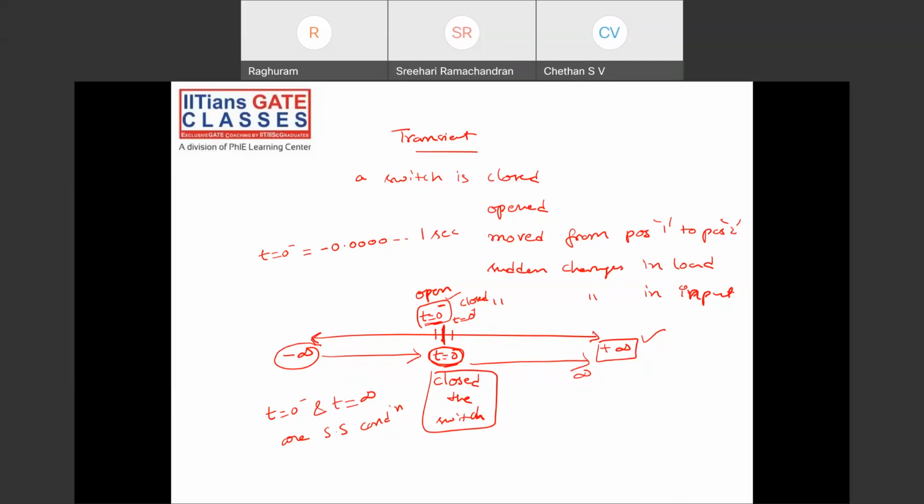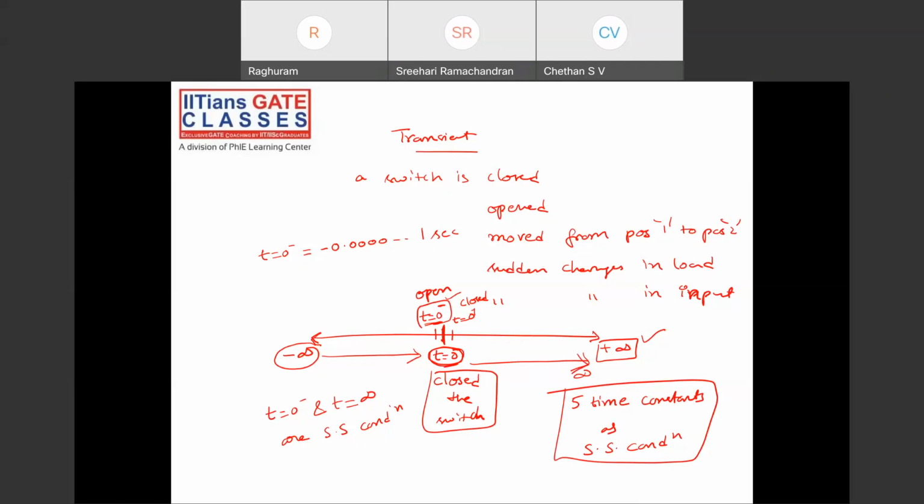Theoretically, infinite time after the switching action is the steady state, but practically we take five time constants as the steady state condition. We can't wait up to infinity, right? After five time constants, the transients will die out, and what is left is called the steady state.